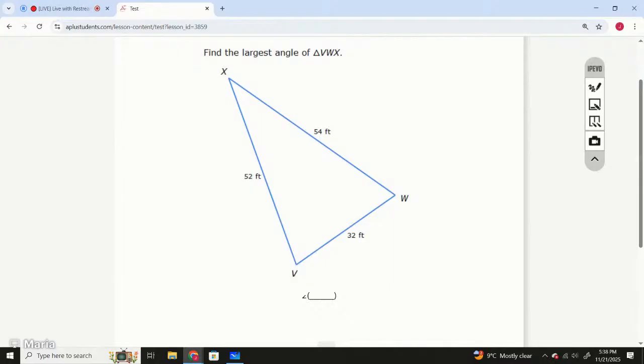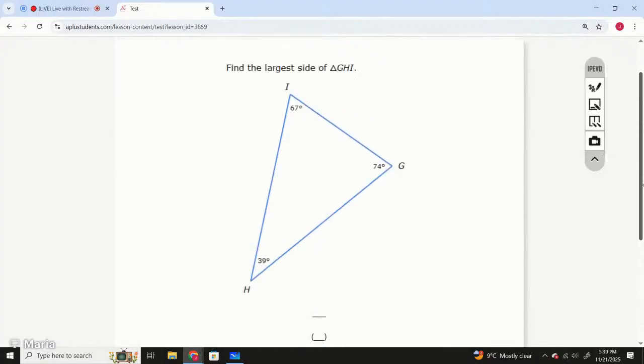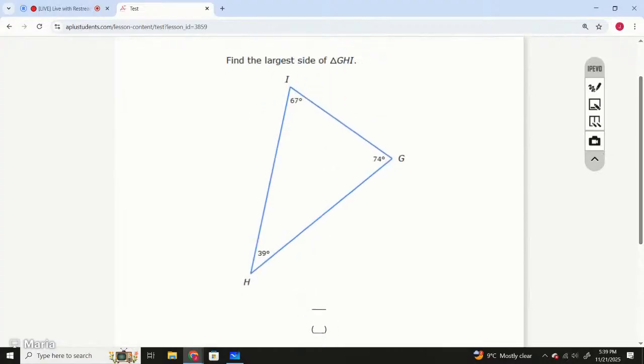The largest angle is angle V. The correct option is V. Find the largest side of triangle GHI.